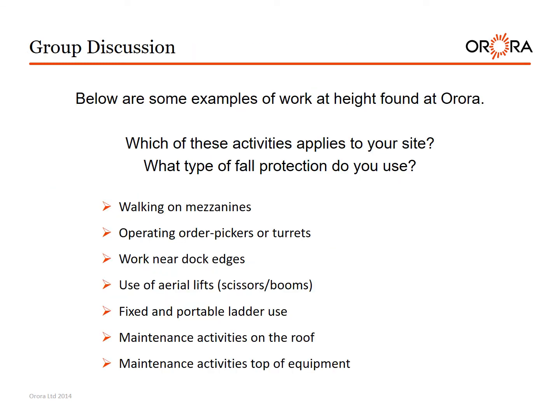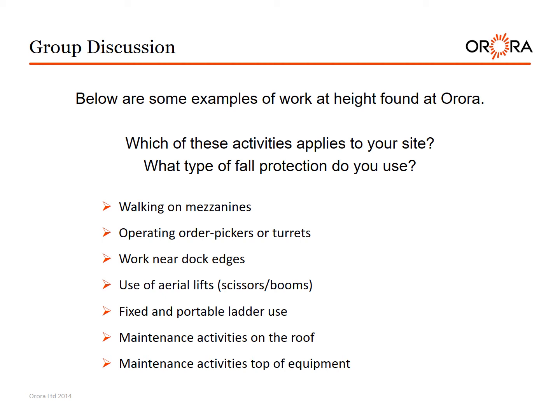Group discussion. Below are some examples of work at height found at Aurora. Which of these activities applies to your site? What type of fall protection do you use? Walking on mezzanines. Operator order pickers or turrets. Work near dock edges.